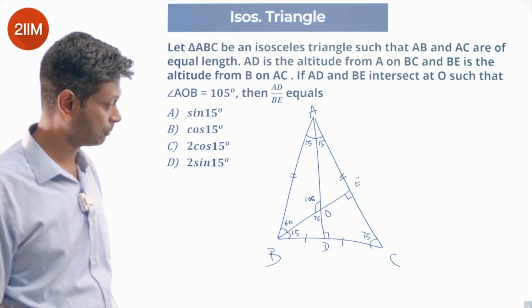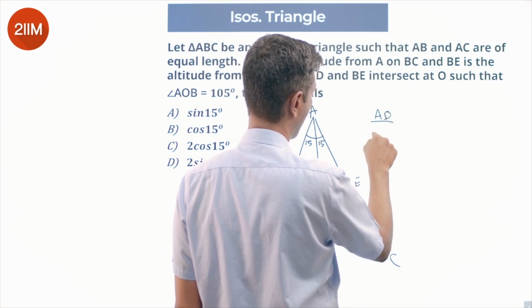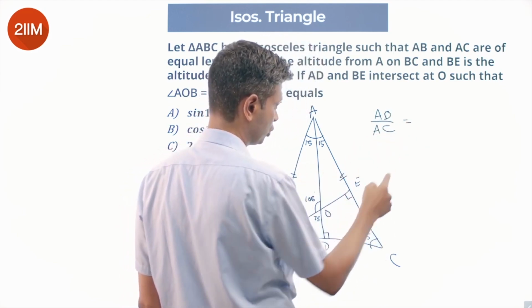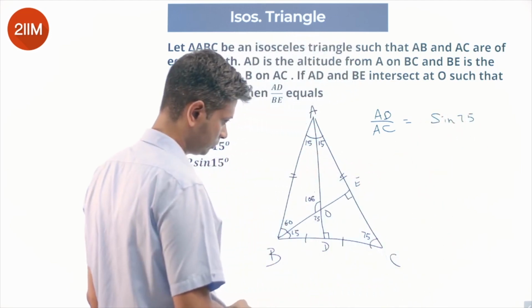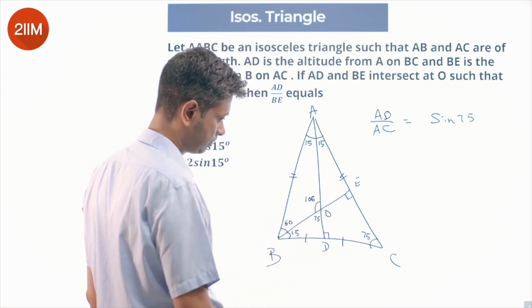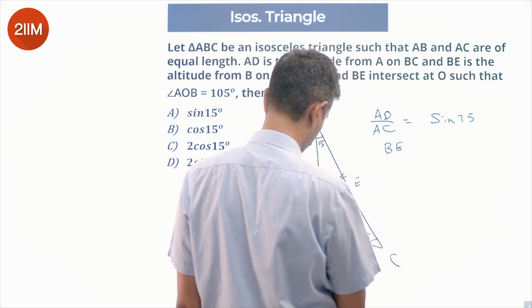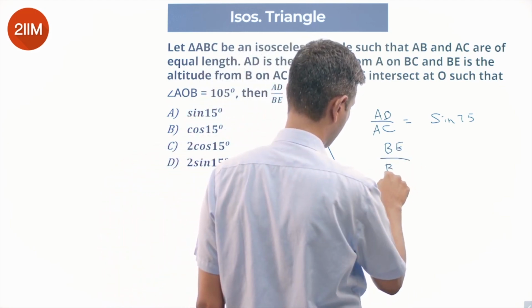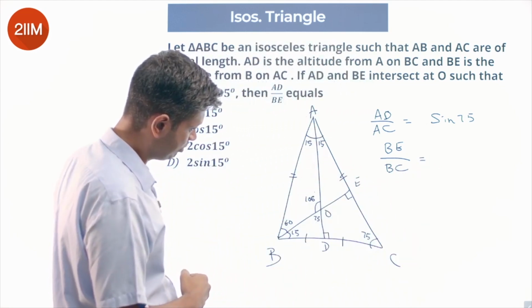AD and AC. AD by AC is opposite by hypotenuse for this, equal to sine 75. BE by BC.